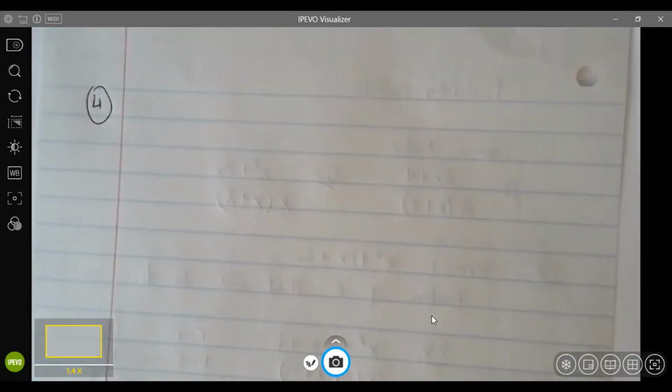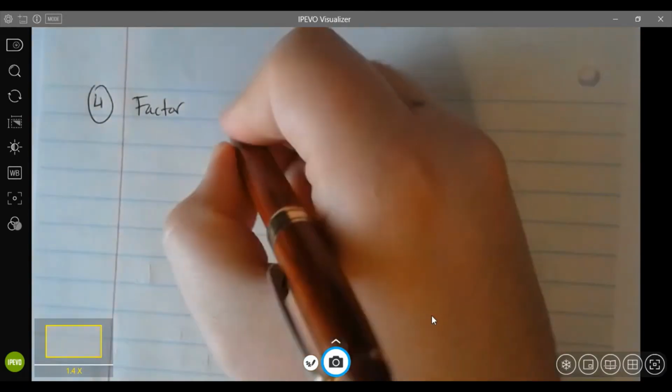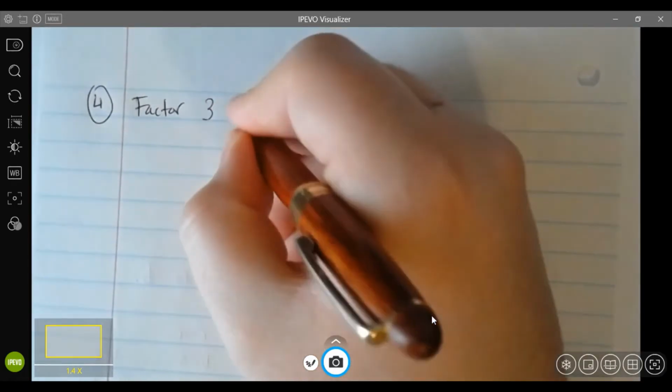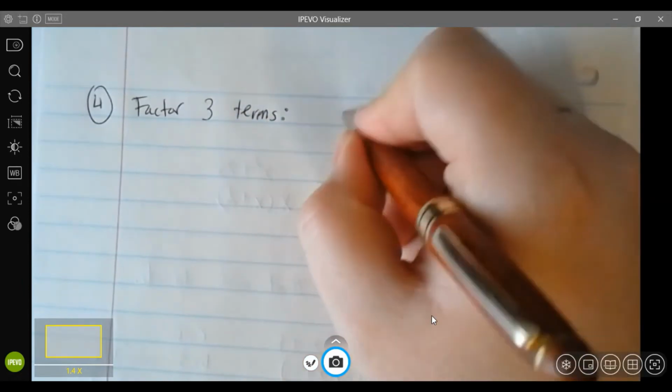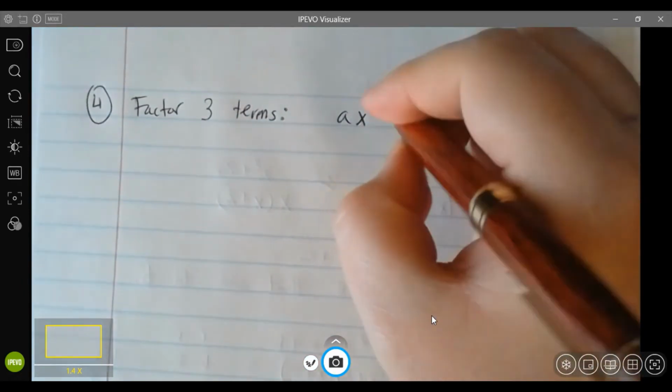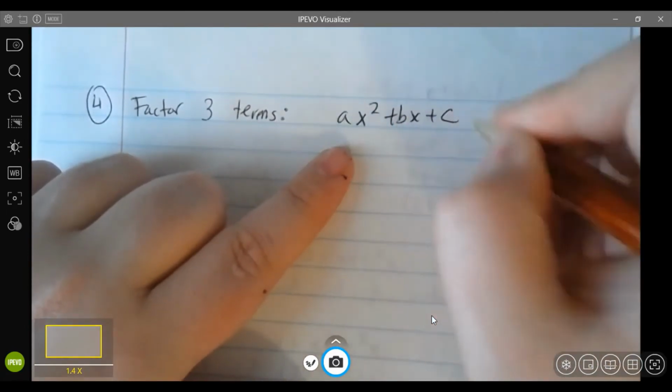So you could factor 3 terms again, except this time the number in front of x squared is not equal to 1. So ax squared plus bx plus c.